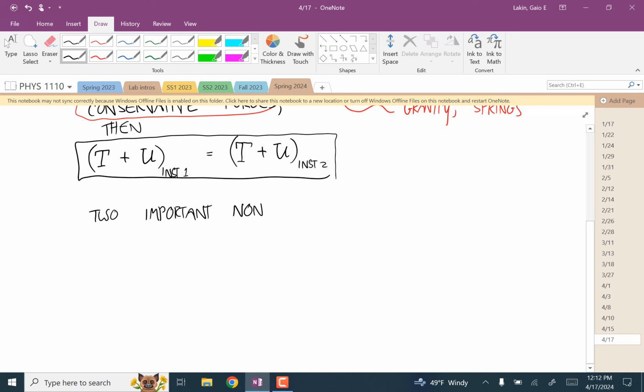So there are two important non-conservative forces that do zero work.